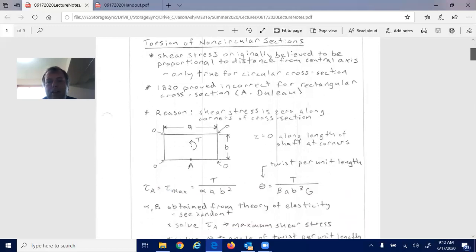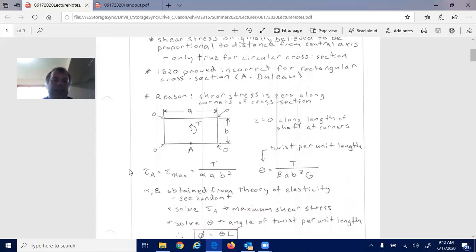The way this is often worked out is that your shear stress at A is your maximum shear stress, and it's equal to the torque that's applied divided by alpha times A B squared, where those are just the geometry properties. The twist is usually defined per unit length, as torque divided by beta times A B cubed times G. So we see some of the same material properties showing up in there.